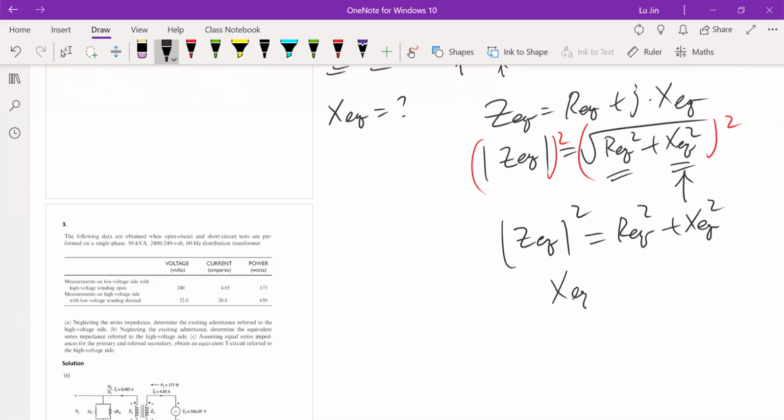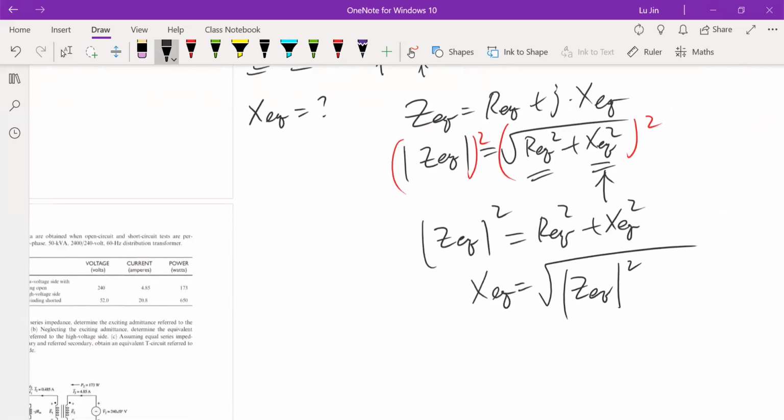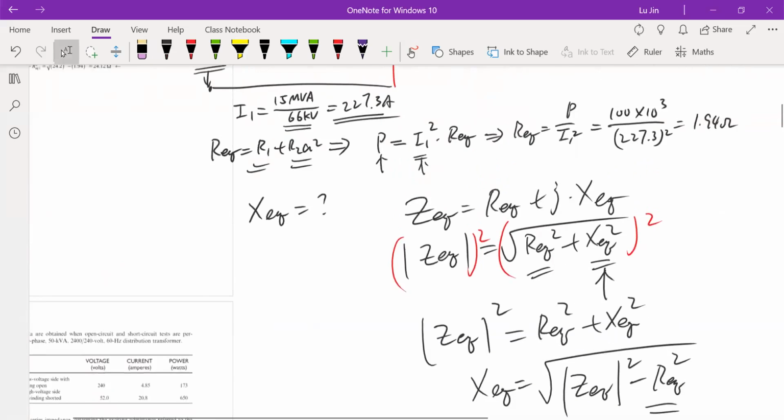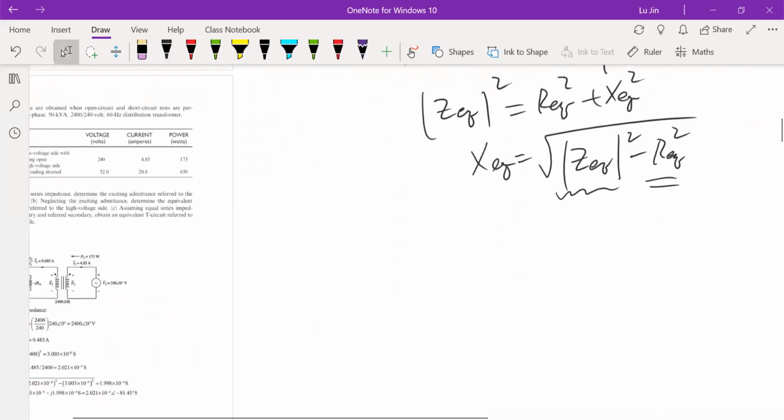So the equivalent reactance is equal to square root of the magnitude of impedance squared minus the equivalent resistance squared. REQ has been solved here, so that is no problem. The only question is what is equivalent impedance ZEQ?